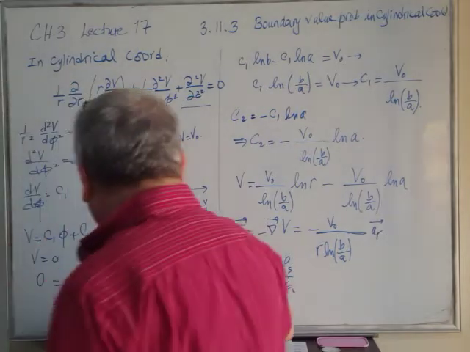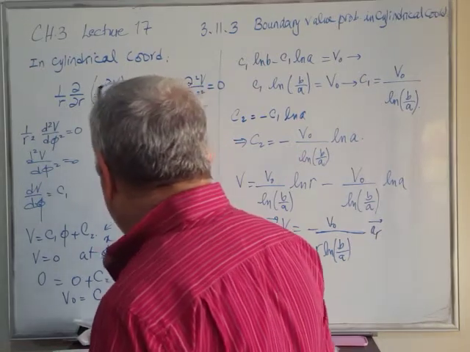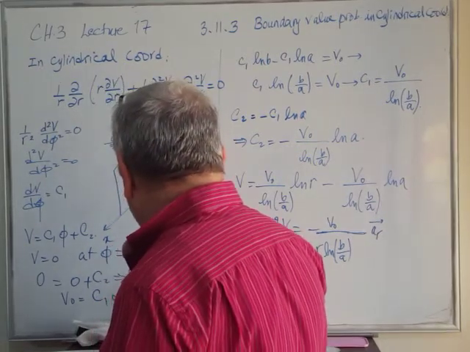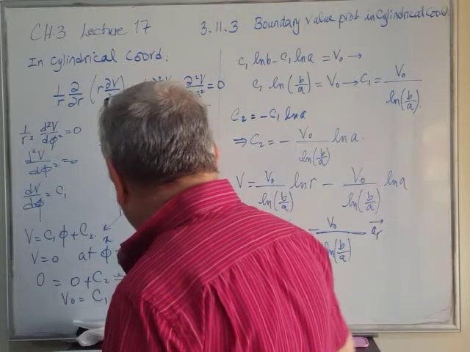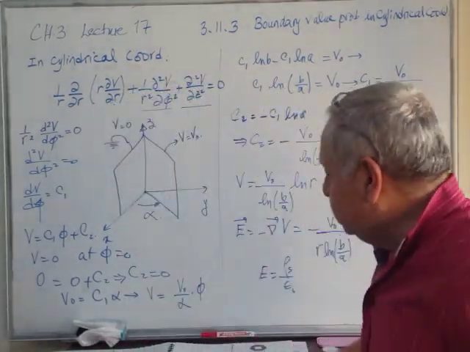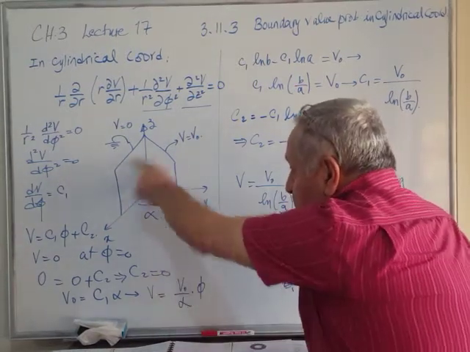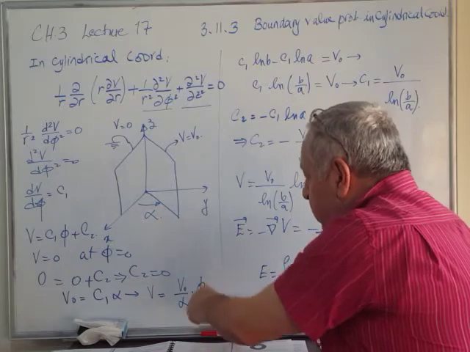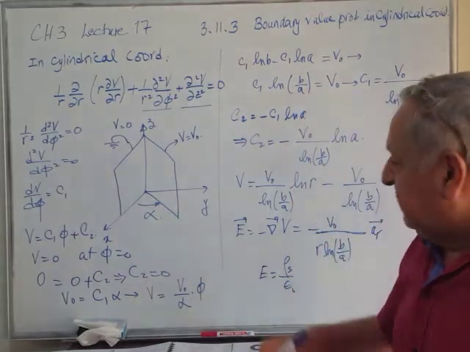Therefore V is equal to C1, which is V0 over alpha, times the angle phi, whatever phi is. And you can check that at phi equals 0, the potential is 0, and at phi equal alpha, the potential is V0.